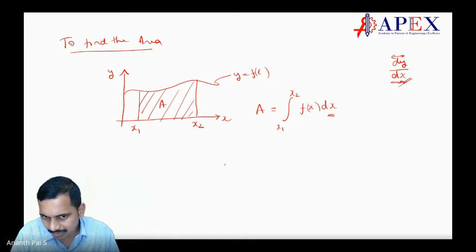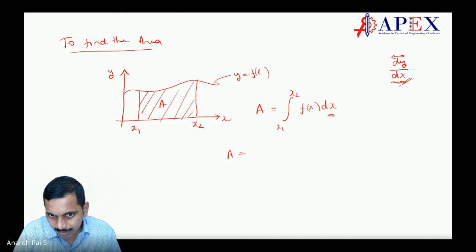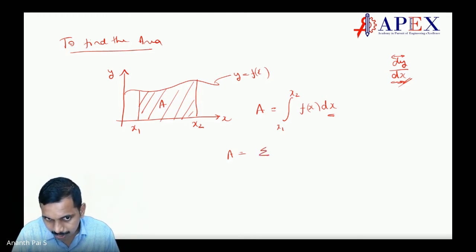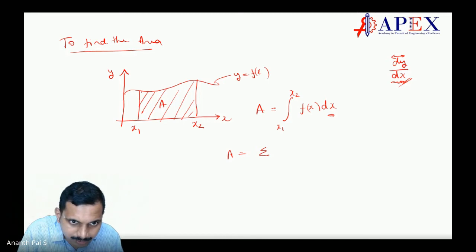If you consider area, you say area is equal to the summation of small areas. For example, you say small areas here, this small area.